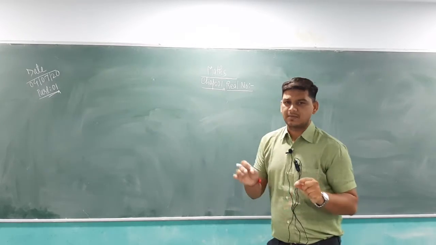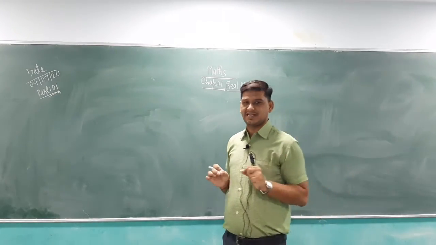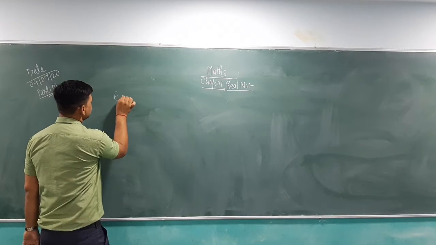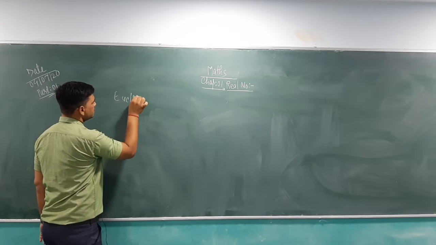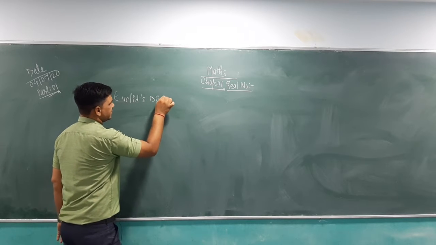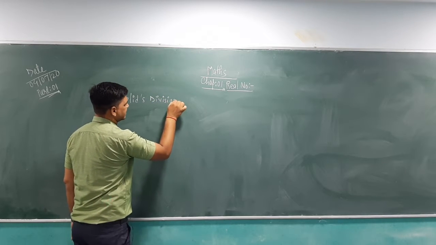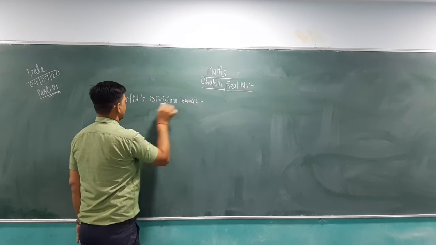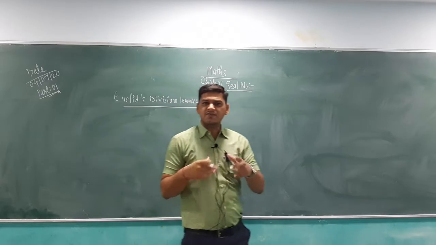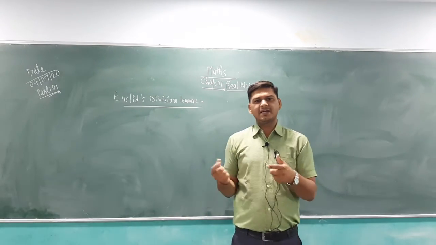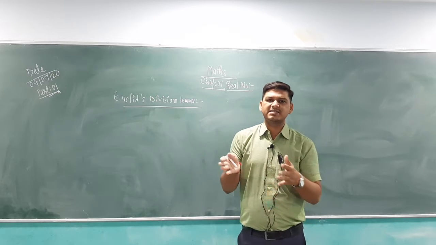First we are discussing Euclid's division lemma. What do we mean by Euclid's division lemma? We know that to divide any number, it generally requires two numbers: one as the divisor and another as the dividend.